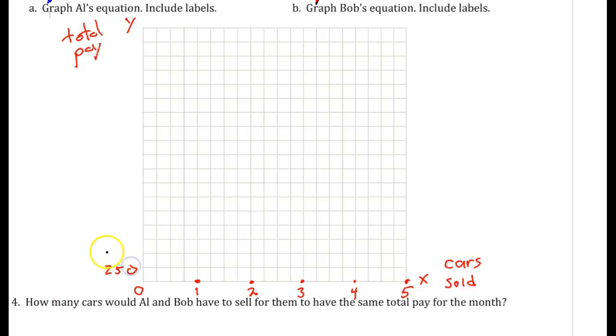Start at 250, 500, and patiently write them all out. The nice thing is, after you do one cycle, 250, 500, 750, 1,000, it repeats itself. It just starts off with a 1,000. So it's going to be 1,250 and 1,500. It's repetitive.